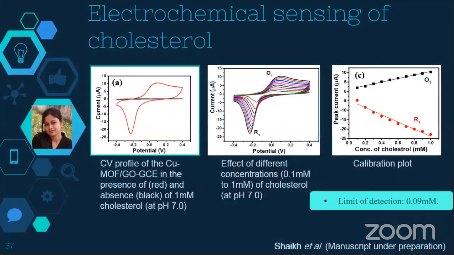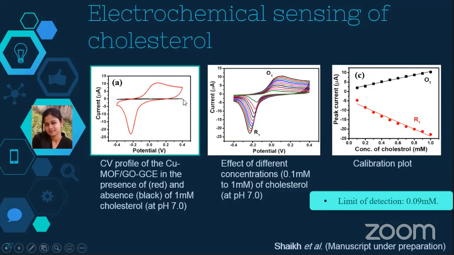So having this in our hand, we decided to go for sensing of cholesterol. We used the electrochemical sensing method here. The black peak here is your bare electrode. The CV profile of copper MOF with GO is in red, and in the absence of cholesterol, you can see this is black in color.